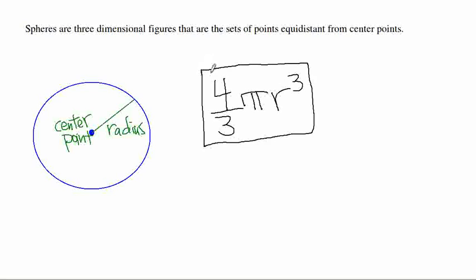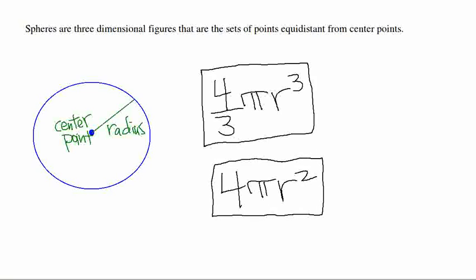Okay, very important formula. Now, what about the area of the surface of a sphere? The surface area of a sphere is given by the formula 4 pi r squared.